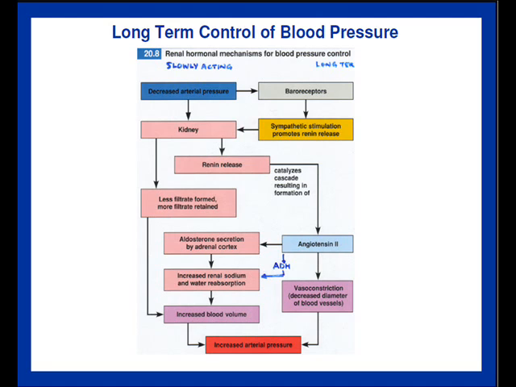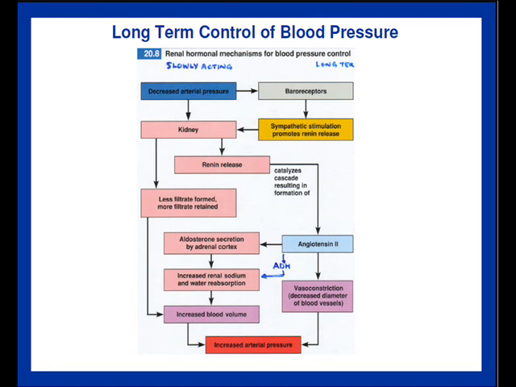So, if you've got a decreased arterial blood pressure, your body is trying to get it back to a homeostatic range. It does it by utilizing angiotensin II. Causes vasoconstriction. If you have vasoconstriction, you're going to increase resistance, total peripheral resistance.